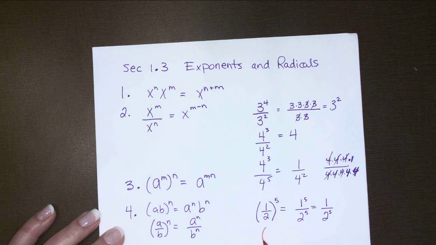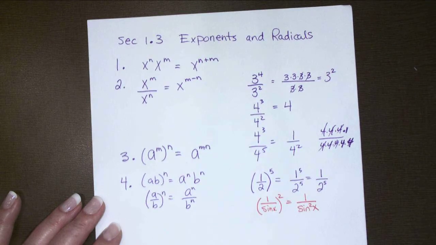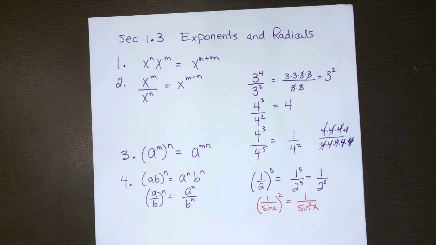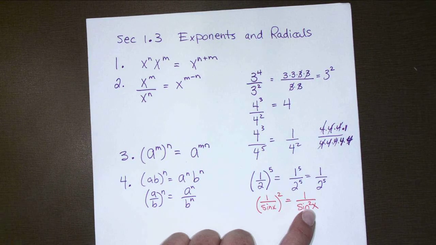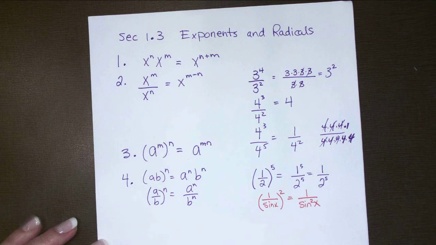It's more, say, 1 over sine x all squared, and then on the next line it will be like this. And they say, how come those are equal? Well, if you square 1, you get 1. And squaring sine, and we'll see trig later, of course, you put the exponent between the sine and the argument, not after the x. So that's where you would see that idea in calculus.